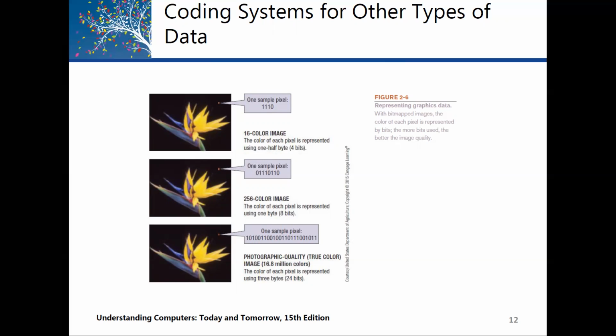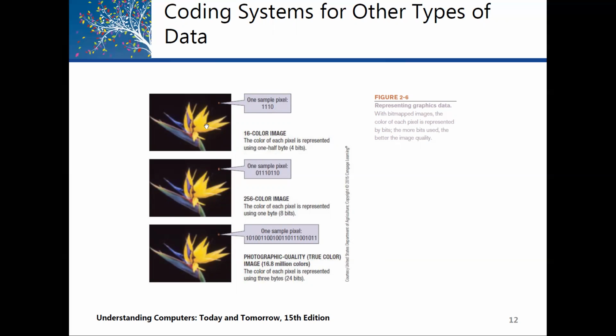We call this small element of the picture a pixel. So here you can see this small dot is called one pixel, and pixel is the short form of picture element, right? So there are many pixels in this one graphical image.